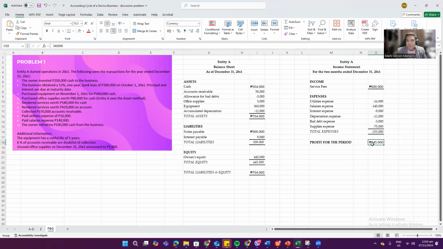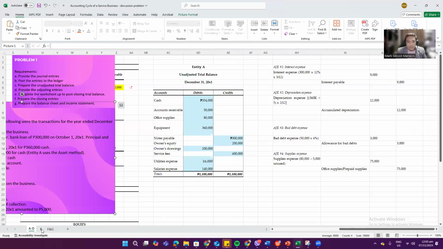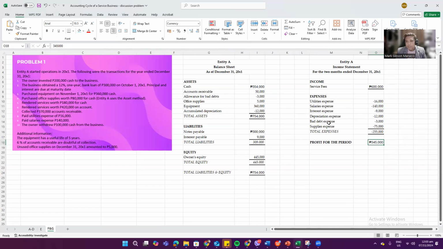So profit for the period would be 345,000. Remember class, this bad debt expense, this is 6% of 50,000. No? So kasi nga, sabi dyan, 6% of accounts receivable are doubtful of collection.